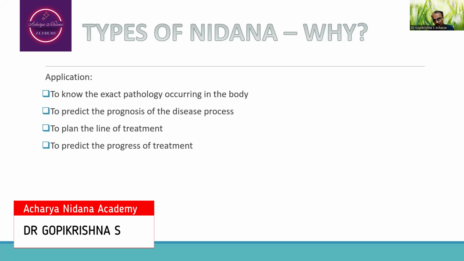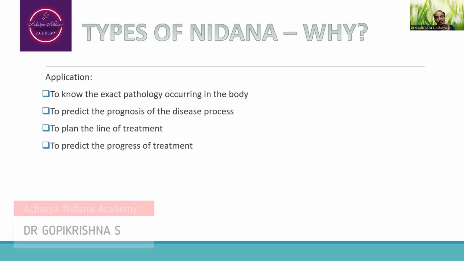In that way, the exact pathology can be identified by looking into the Nidana itself. Or if the pathogen is entering through the nose, the initial symptom can be observed in the nose, then nasopharynx, then trachea, then bronchi, then alveoli. If the pathogens are entering through the urethra, the initial symptom can be observed in the urethra, then urinary bladder, then ureter, then kidney.